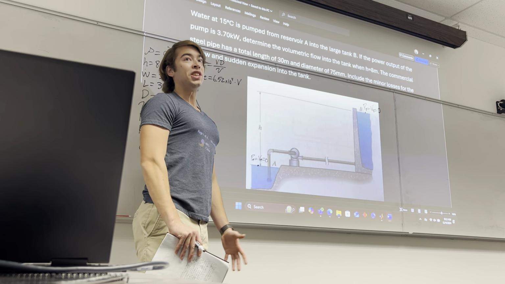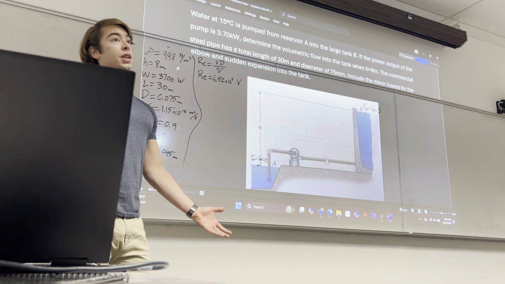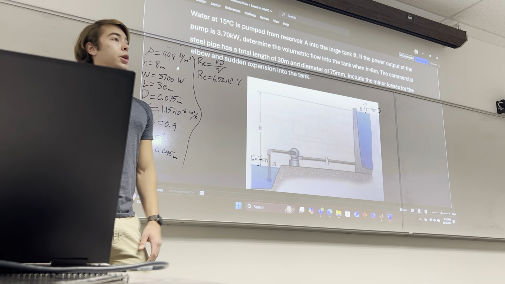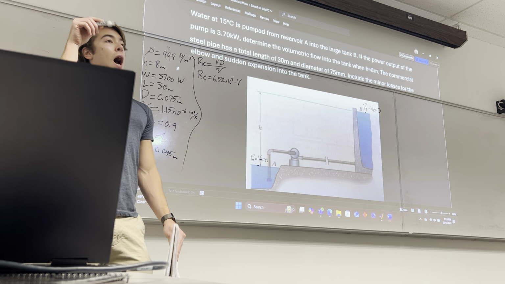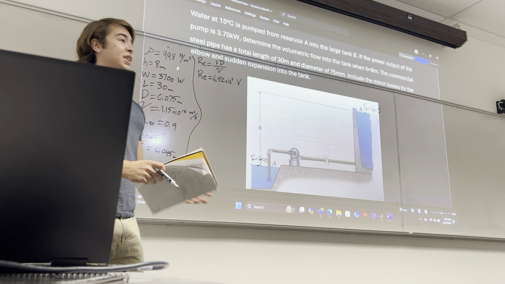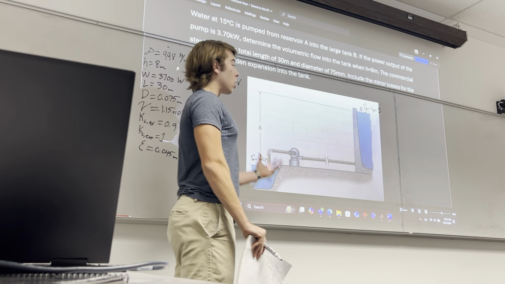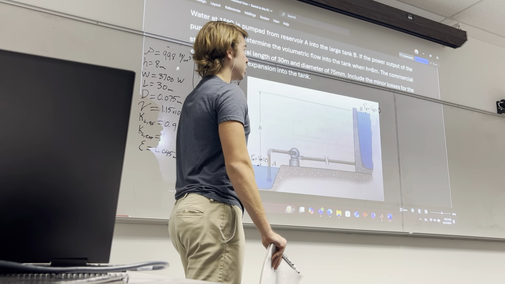Because you remember that no-slip condition and the shear stress stuff you did? That's really what's going on inside a pipe. Like that first week when you did tau equals mu times du dy, the shear stress, that is a friction force, a shear force that's pulling on the water. So obviously you're going to be losing a little bit of energy there.